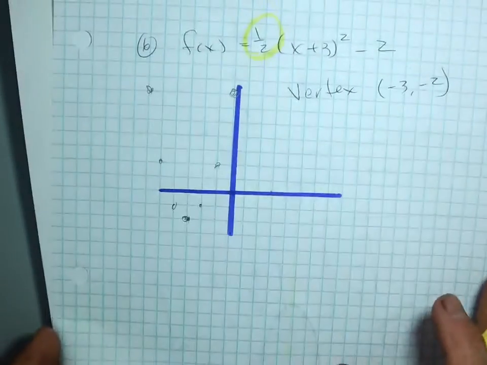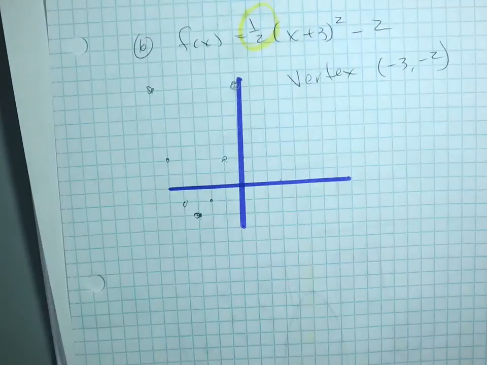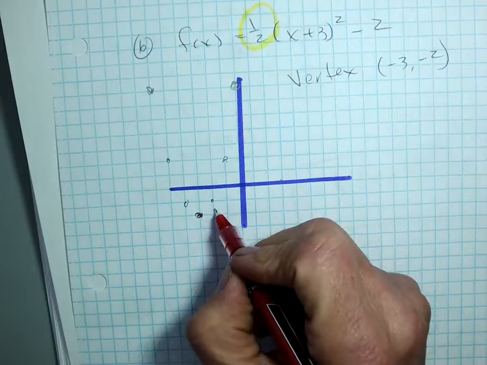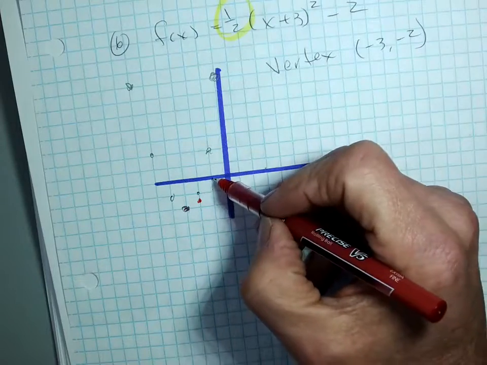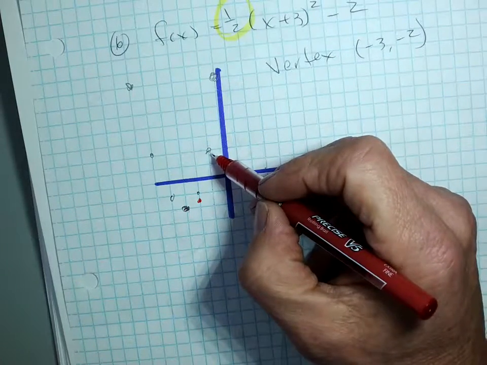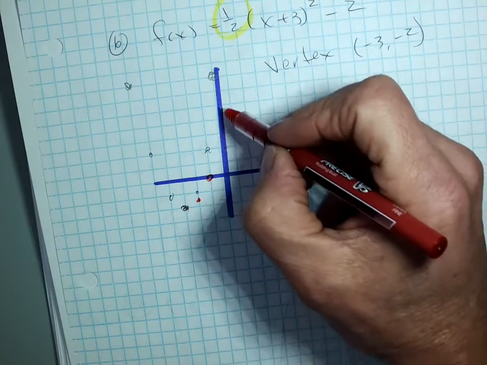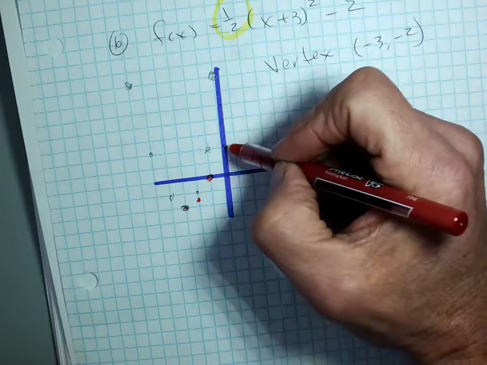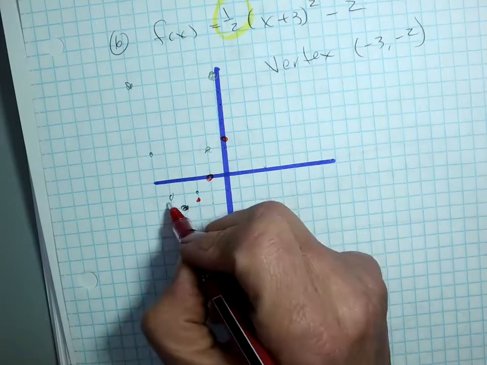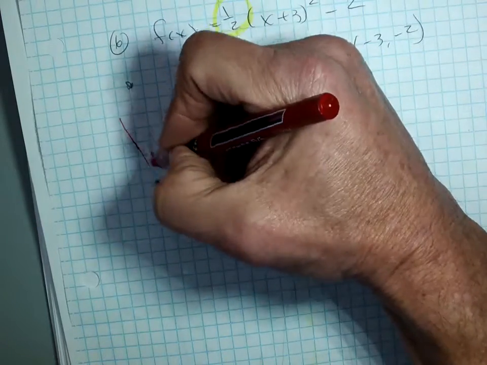So instead of going up 1, I go up a half. Instead of going up 4, half of 4 is 2. Instead of going up 9, half as tall would be 4 and a half. And of course it's symmetrical. And I get this right here.